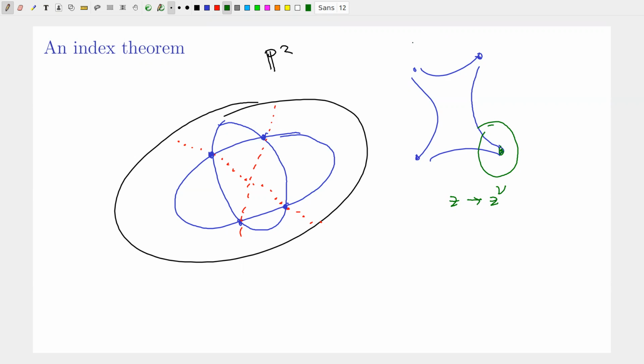Okay, so for each one of the 4 points, you have some nu1, nu2, nu3, nu4, and it turns out that these indexes nu1, nu2, nu3, nu4 are independent of the curve. They agree at the points. So at the points, all the curves that pass through a given point will have the same index. Okay, so these are 4 indexes that appear in a foliation.